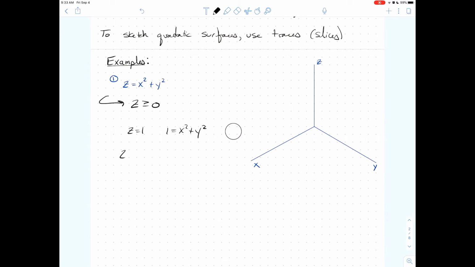If I do z equals 5, I get 5 is x squared plus y squared. I'll put little arrows here. And I get a bigger circle. And so you can sort of see what's happening. These circles are all centered at the origin.